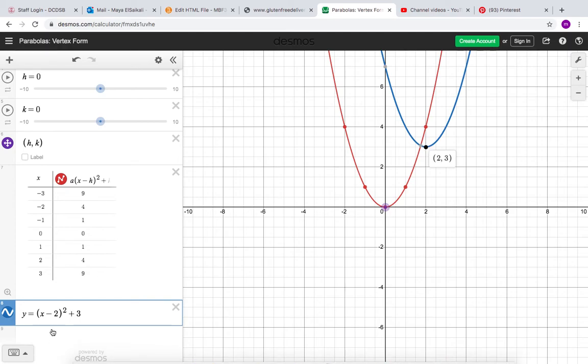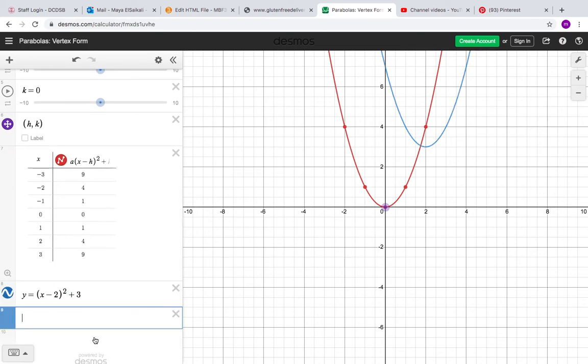If you're looking at this equation, the 2 in x minus 2 is causing the x value of the vertex, and that 3 is causing the y value of the vertex. So h and k are my vertex. H is 2, k is 3, and my vertex is (2, 3).